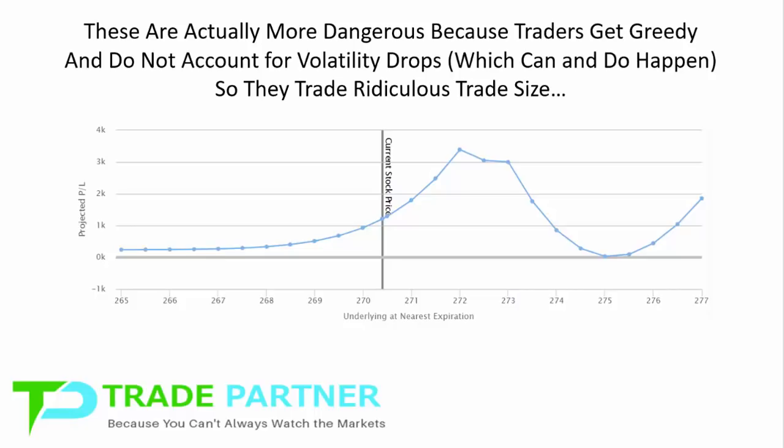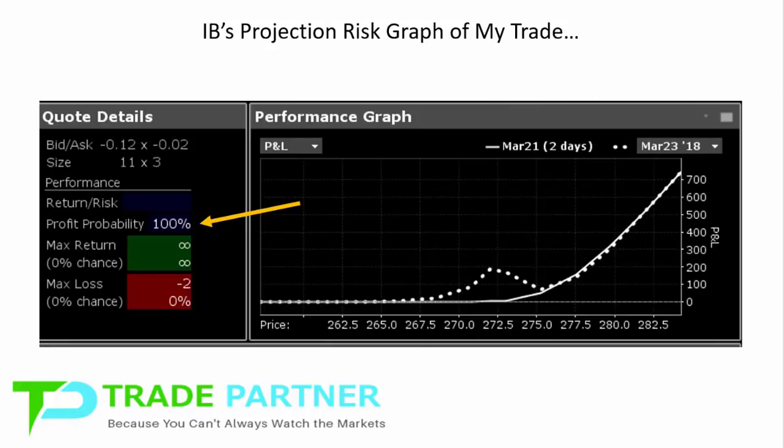And if you think that this is just my platform, this is my platform projection, PDS Trader, it's not. This is the IB platform of the same exact trade. And look at the profit probability. It says 100%. And you'll notice that dead zone area, which is right there in the yellow, it's actually well above zero is what they're showing.